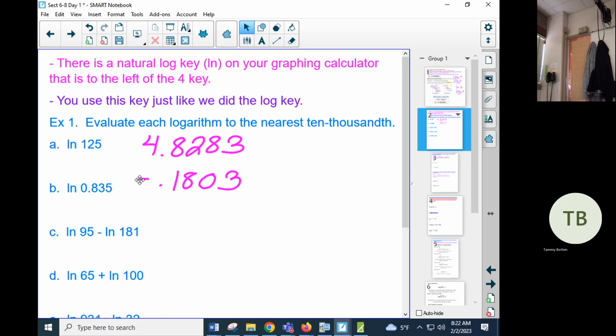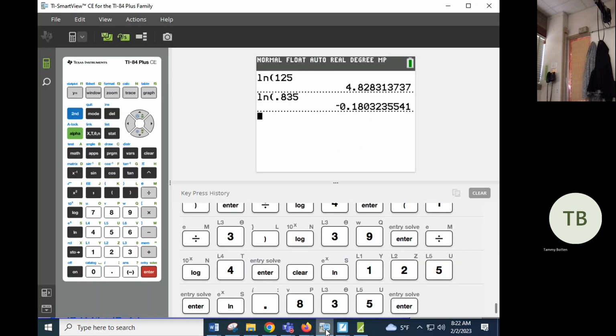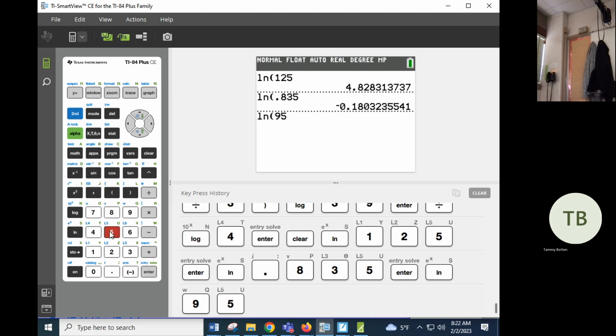I do have to show you one thing when you do this. When you do natural log of 95, you either can hit enter and then subtract natural log of 181, or you can just put a parenthesis there and then go minus natural log 181.